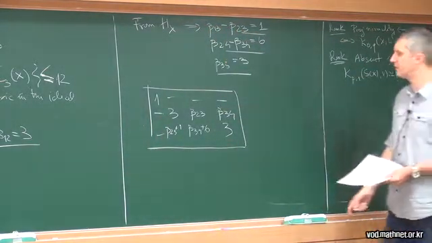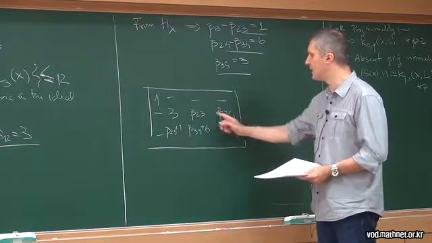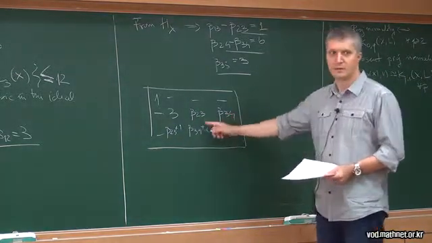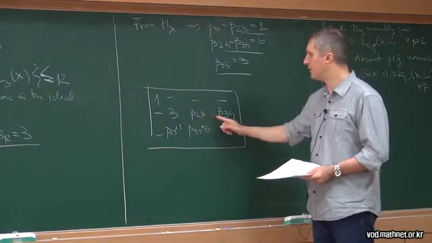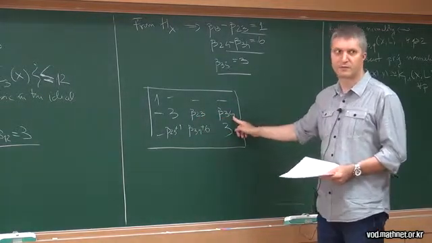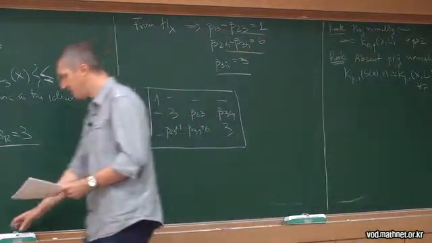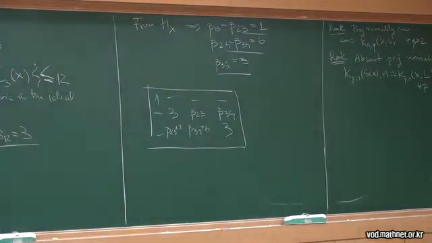So the question is, what are these? There are two numbers that we have to discover here. What are these numbers, beta 2,3 and beta 3,4? So that's the question. And the result is the following.